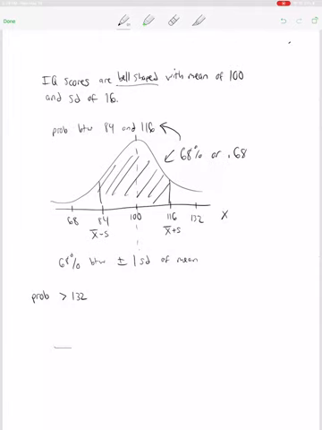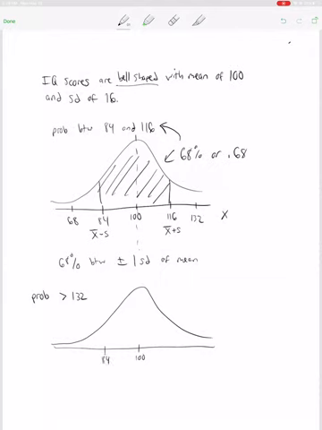Again, I'll draw the same picture as we had above. My drawing is terrible, but it should be a similar picture as above.